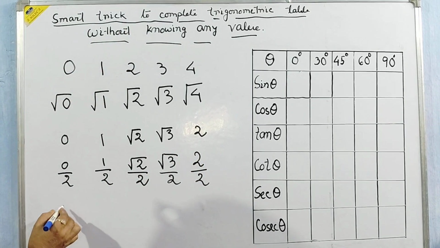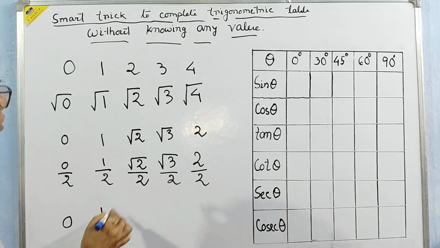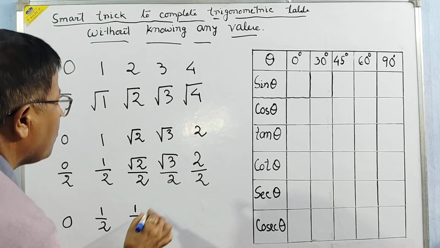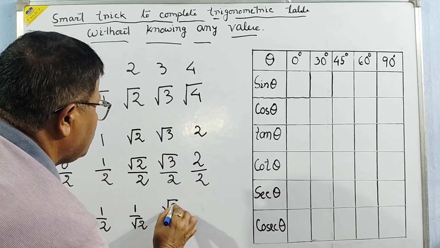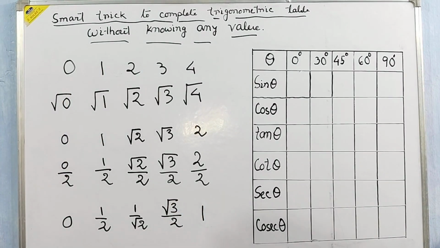What we get? This one is 0, this one is half, this one is 1 by root 2, this is root 3 by 2, this is 1.